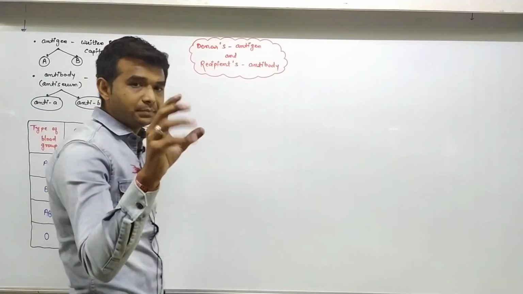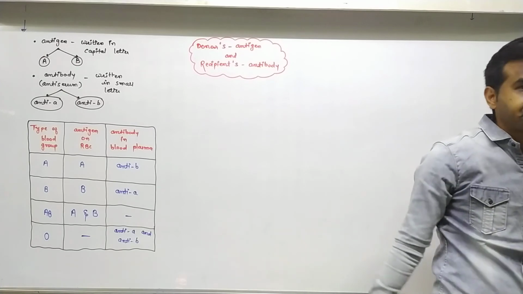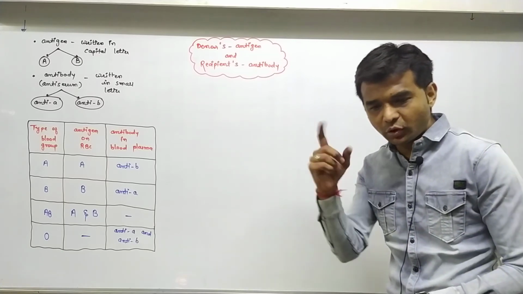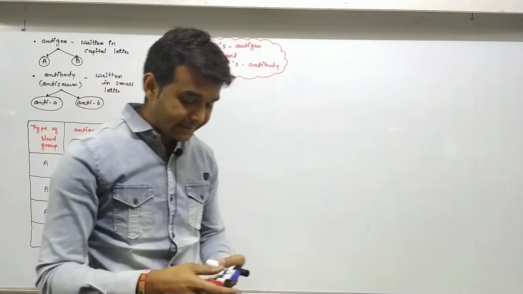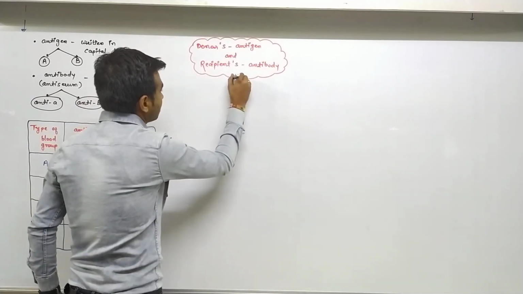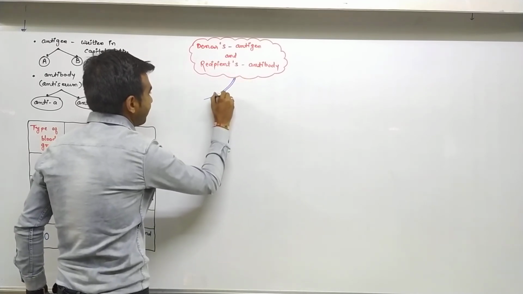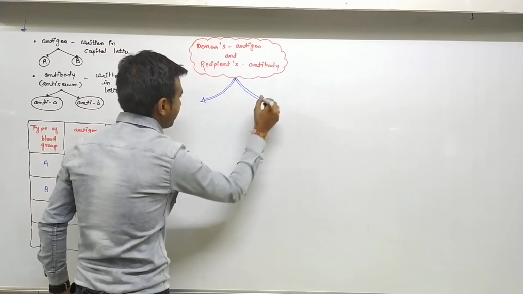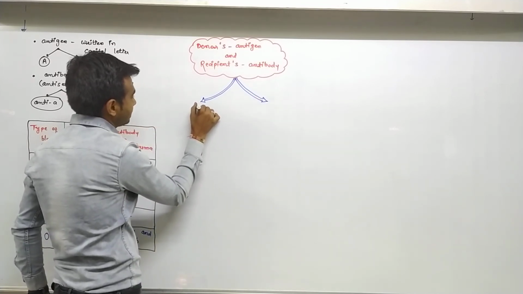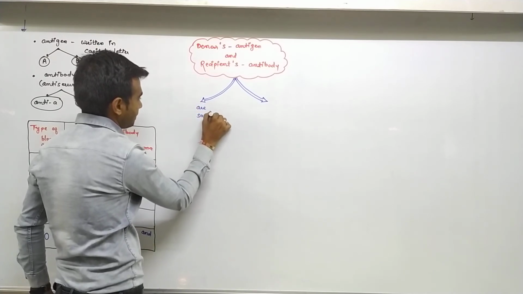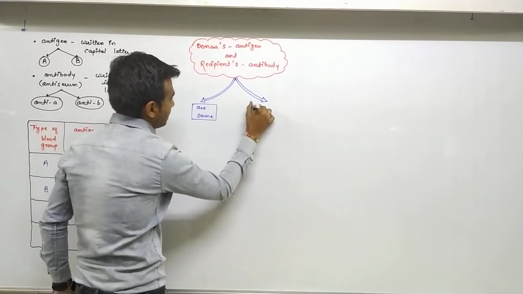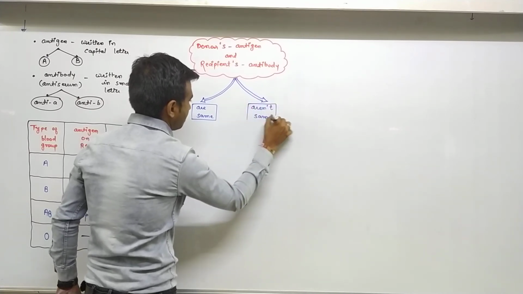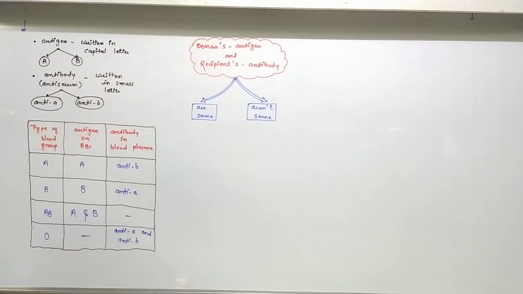This is the most important one. Please note it down in your mind. Donor's antigen and recipient's antibody. Okay? Here two things are there.